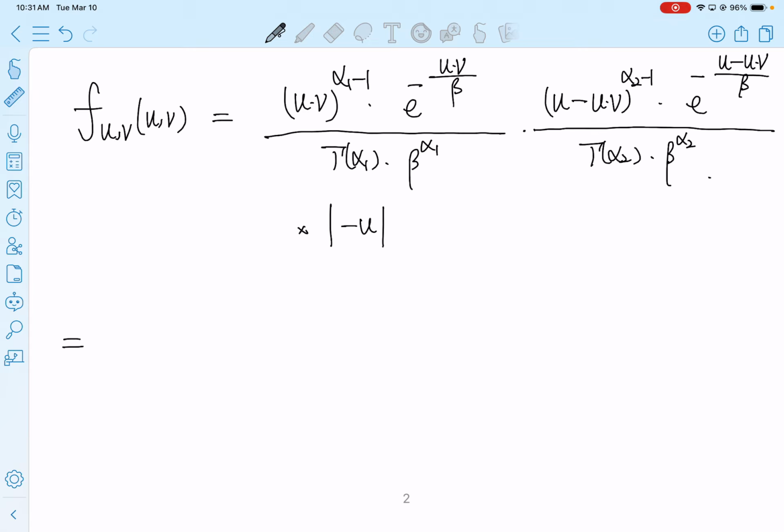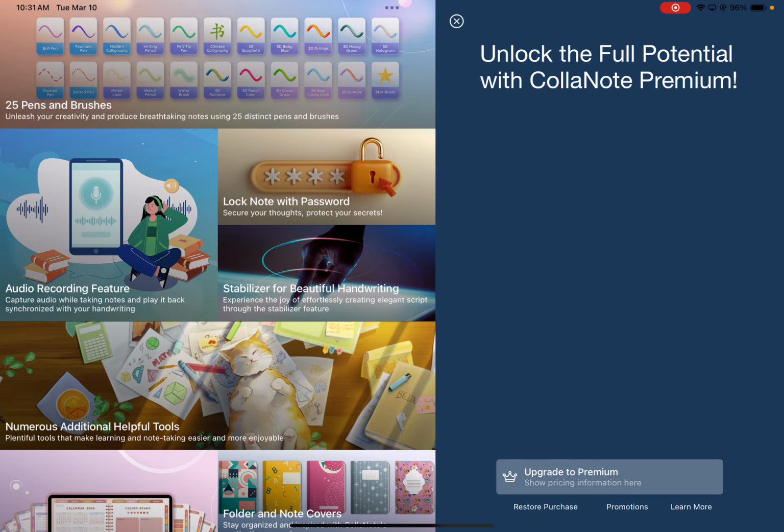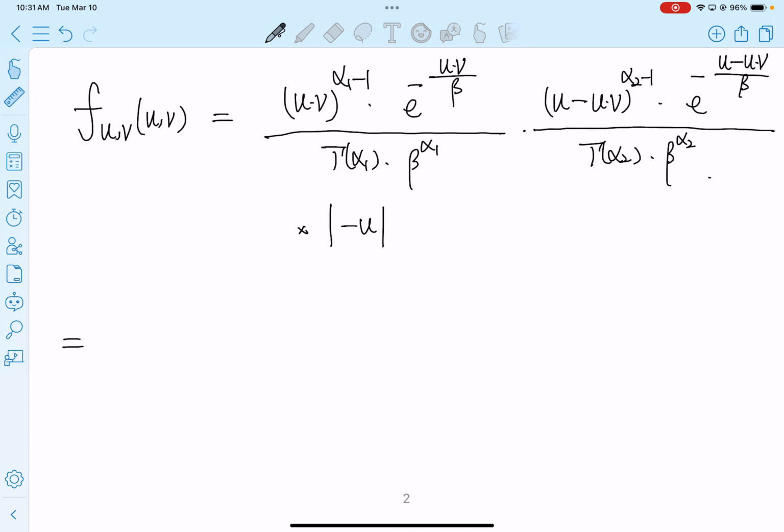First of all, we have a u raised to the power of alpha 1 minus 1. We have a u here, we have a u here, and we also have a u from the Jacobian. I'm going to group them in the following way. So here, let's start from u.